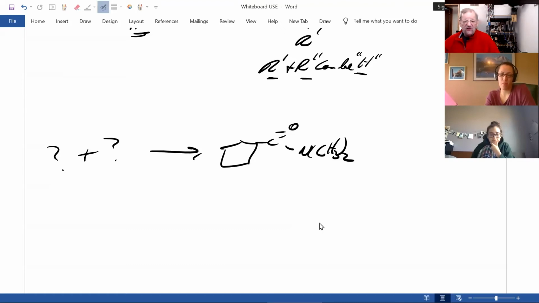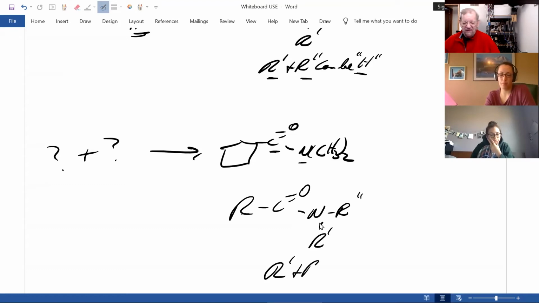All right, let's take a look at this. What's different? Ooh, carbonyl and a nitrogen to the carbonyl. I have an amide. And our prime and our double prime can be hydrogen. In this case, they're not. Well, here's a carbonyl.